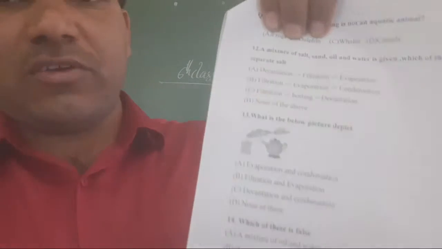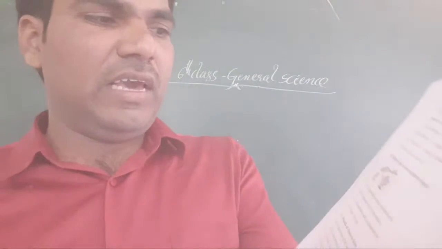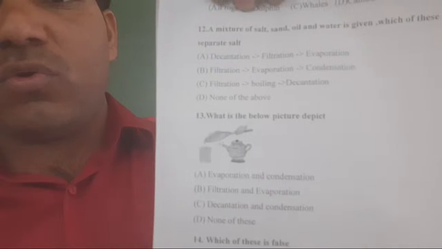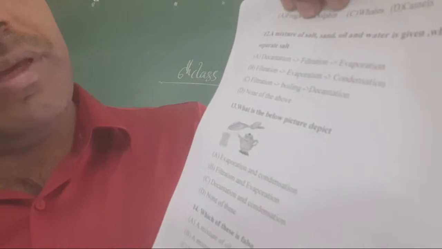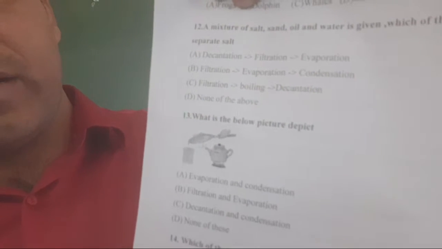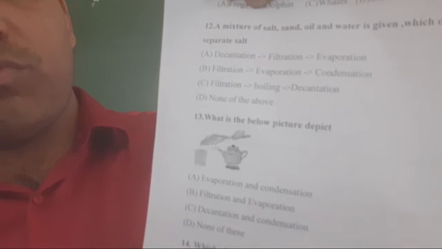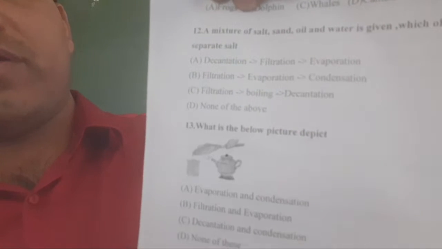What is this process actually? Answer is A. First it evaporates due to the heating, and then it cools down because of ice particles on the pan. Automatically that evaporated vapor is converted into water.